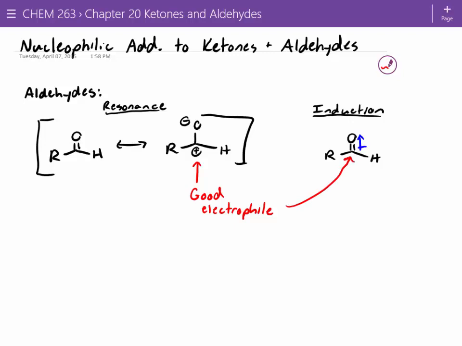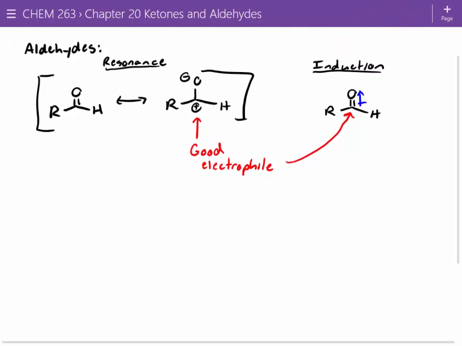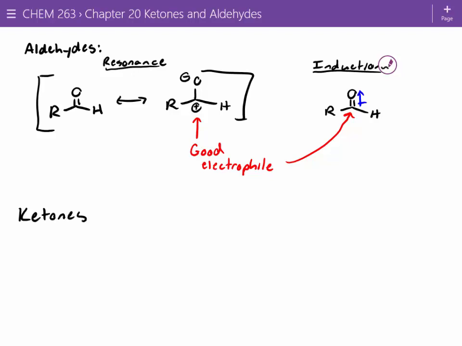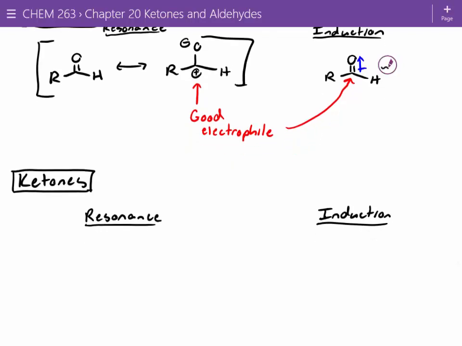Okay, so now let's compare this to ketones. And again, we'll do the same thing, and we'll compare resonance and induction. So if we have a ketone, the resonance structures look almost identical.